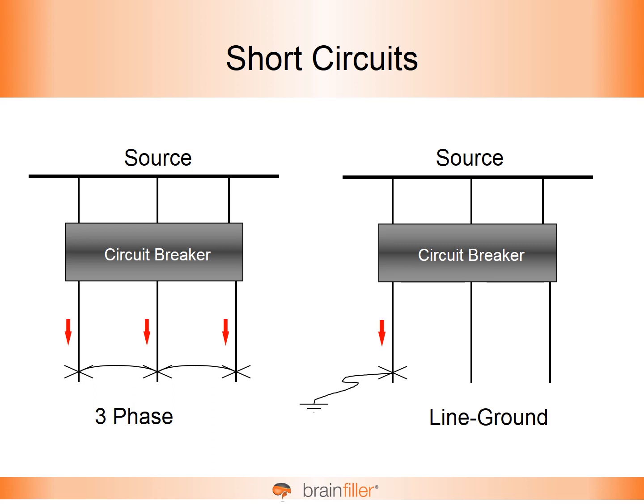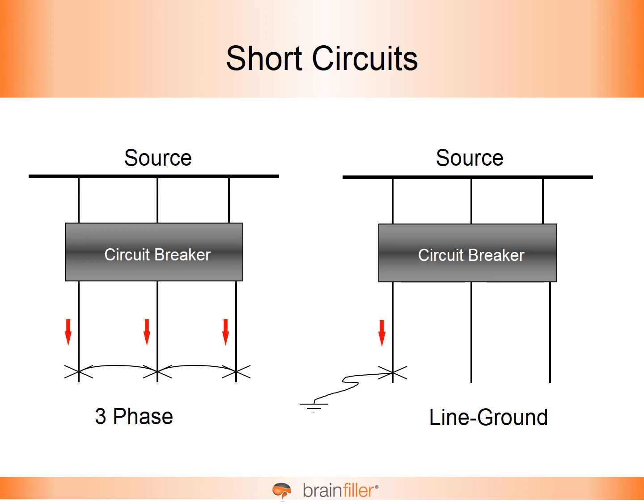When incident energy calculations are performed in an arc flash study, the three-phase case is the case that's considered. Because what can happen is even though most short circuits or a great majority of short circuits may begin as a line to ground event, when you have an arc flash, the plasma that results is conducting.